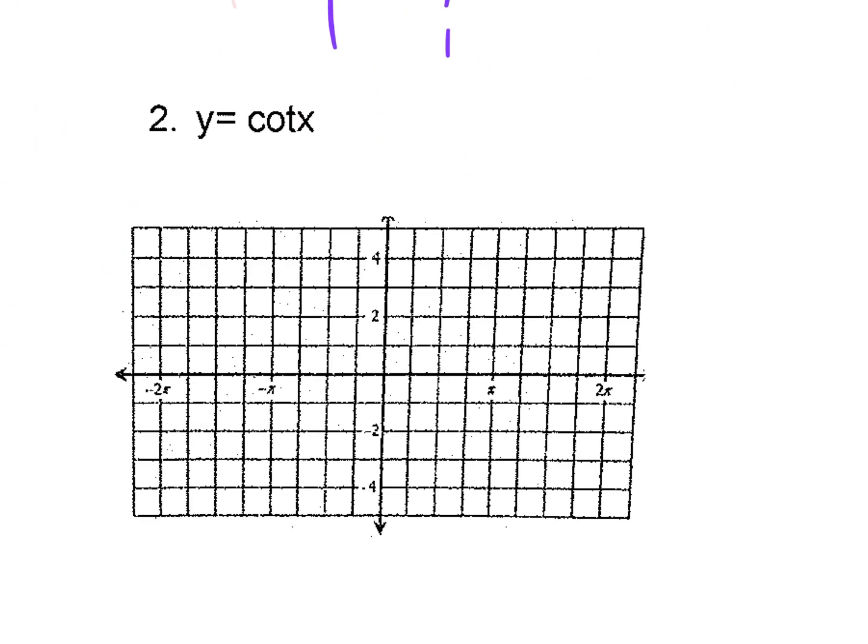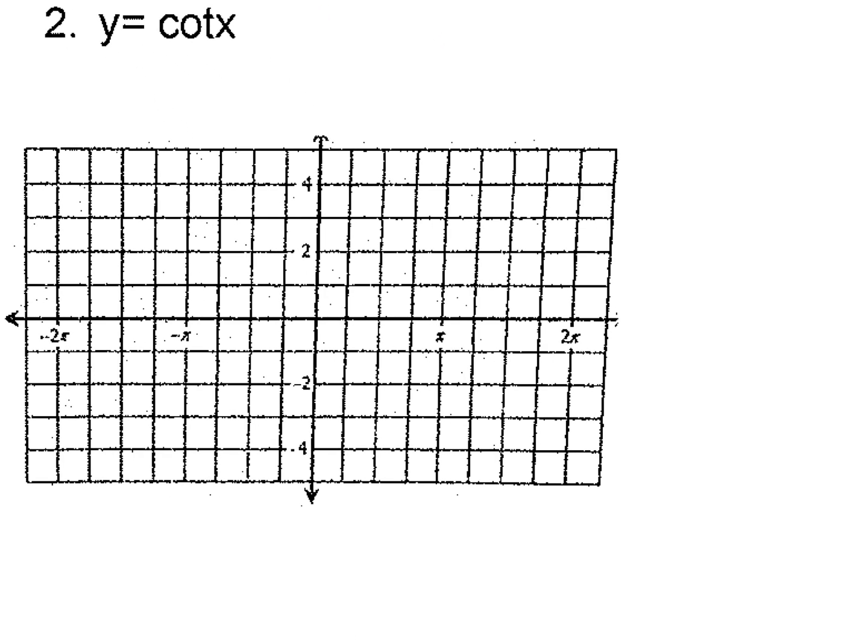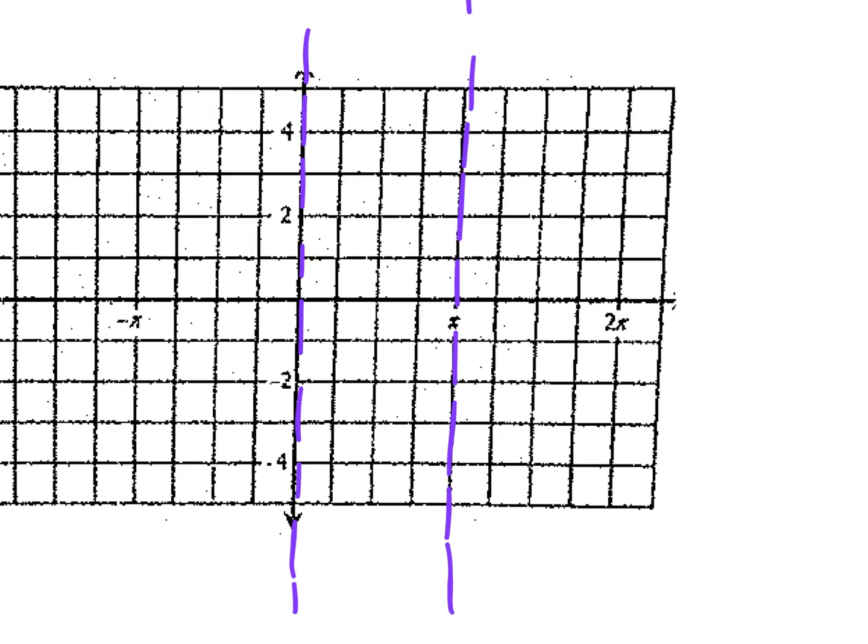The period for cotangent is still pi. But if we were to go through and do the table of values, which we're not going to do, what you would realize is that our asymptotes for the cotangent graph are at 0 and at pi. So a little bit different placement on the x-axis for this graph, okay?